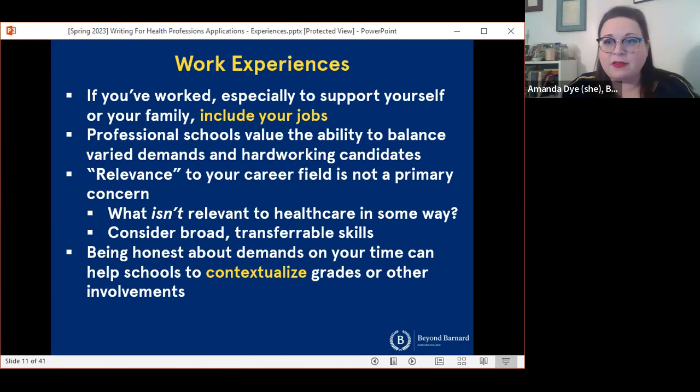And so a job in the service industry might not seem directly related to an interest in a career in medicine, but you can still think about the ways in which you've learned things from those roles that you can import into your understanding of what it's going to mean to be a medical student and eventually a practitioner. So considering those transferable skills, as we usually call them, that you can bring out in your descriptions of these experiences is important. And as I said, this information is so important because it really adds needed context to your application.